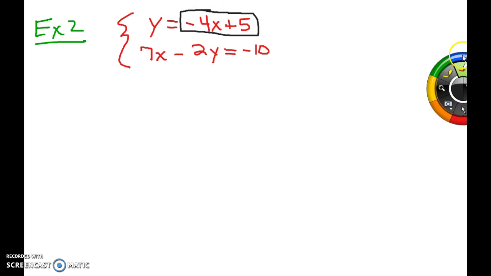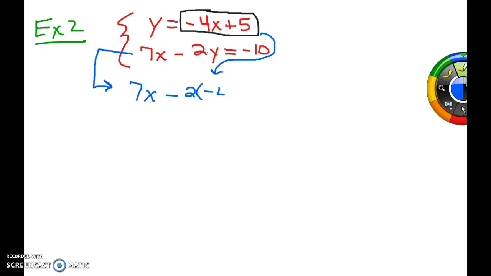When I rewrite it, I'm going to rewrite the second one this time. I'm going to rewrite it as 7x, because I don't know what the x is, so I'm just going to rewrite it, minus 2 multiplied by y. Now, again, I know what y is. The y is equal to this negative 4x plus 5.